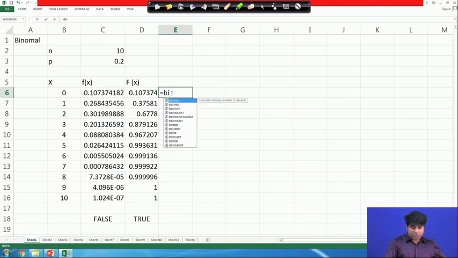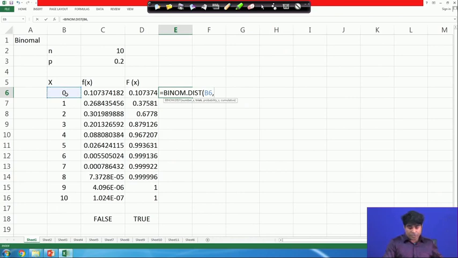So, binomial distribution, just double click, then for the variable, the requirement is this particular number, then put an indication, then the trials will be 10 here, then the probability will be 0.2 here. Okay.